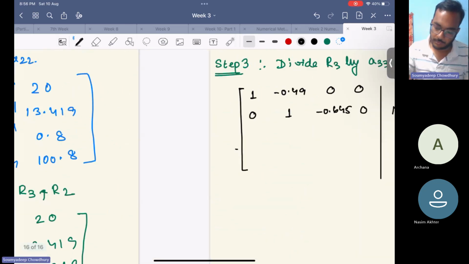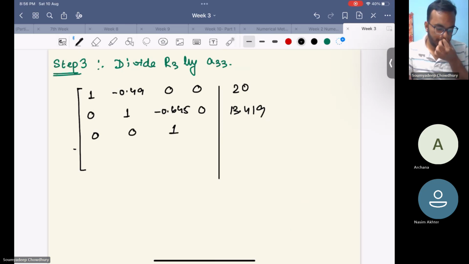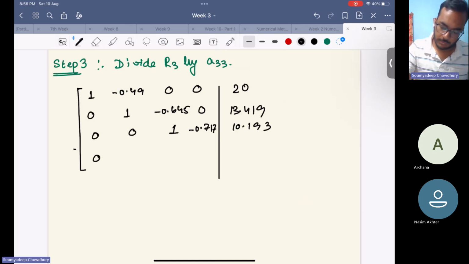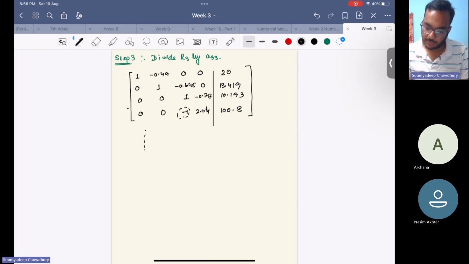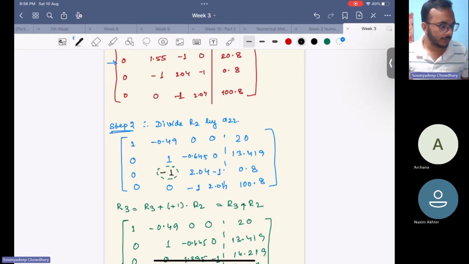So 0, 0, 1, and this is 1 minus 0.717, 10.193, 0, 0, minus 1, 2.04. So like this, you have to go on doing. In the fourth step, we'll divide R4 by A44, then we'll make this element equal to 0. I think I have made some calculation mistake, so I'll check it once again.